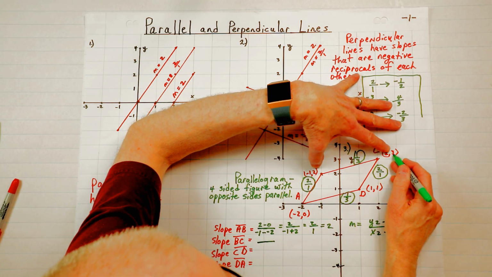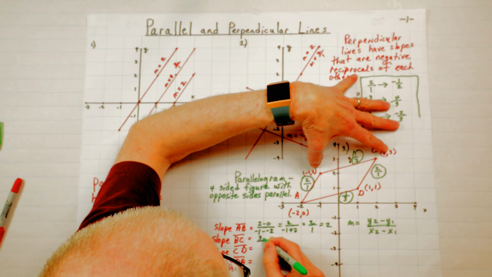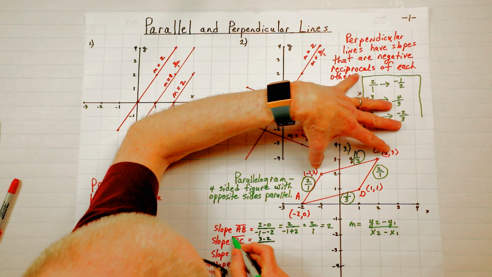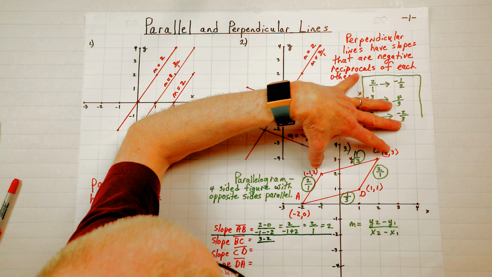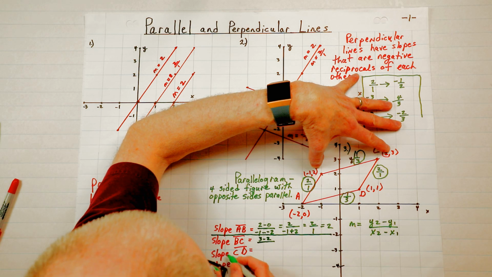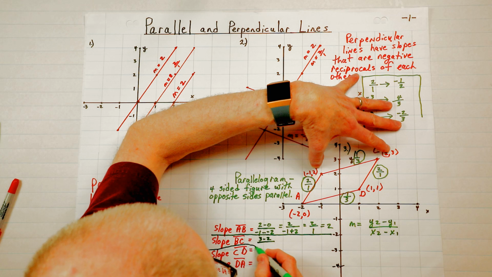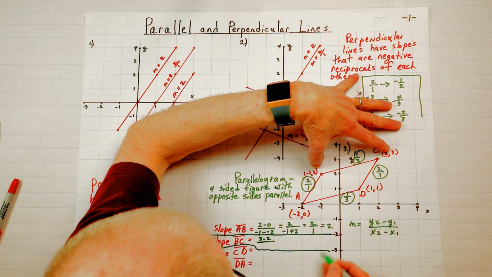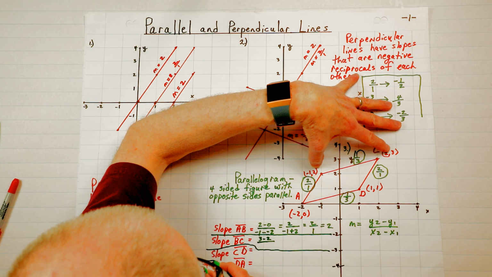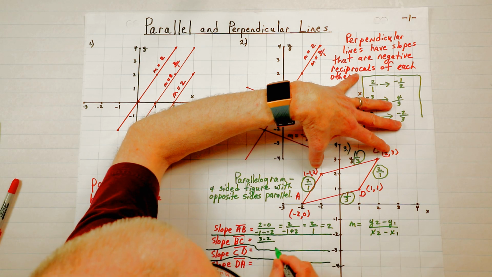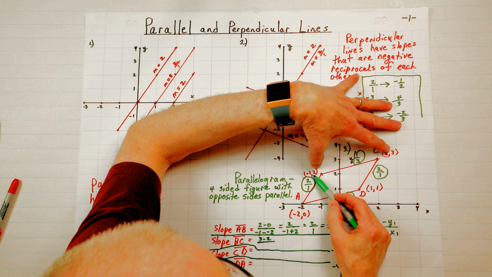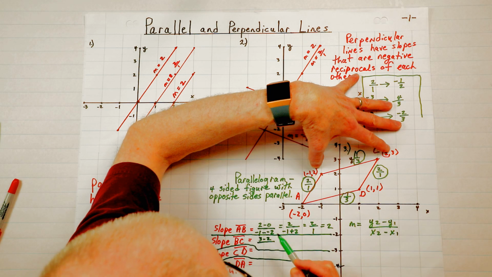Okay, so y2 take away y1 is 3 take away 2. I'm going to draw a line here so we don't get it all squeezed together. Okay, 3 take away 2 for the numerator.